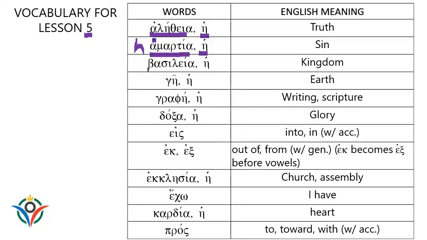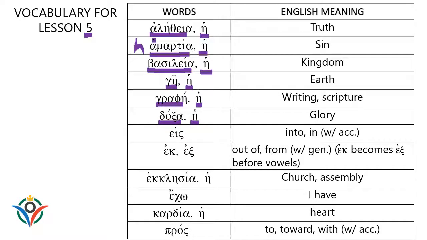Then we have basileia, hei, which is kingdom. Then we have gay, hei, which means earth. Next we have graphe, hei, and that means writing or scripture. Then we have doxa, hei, and that means glory.